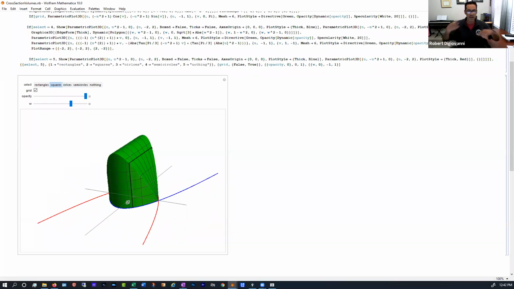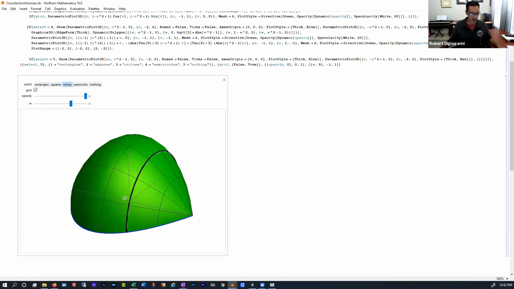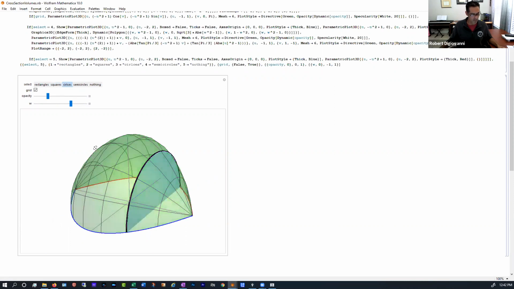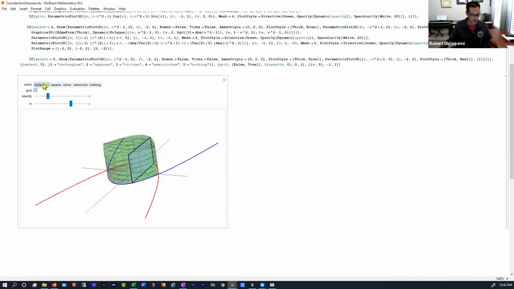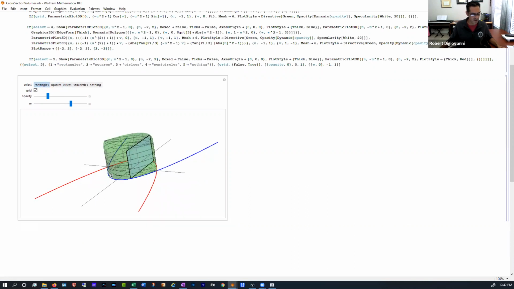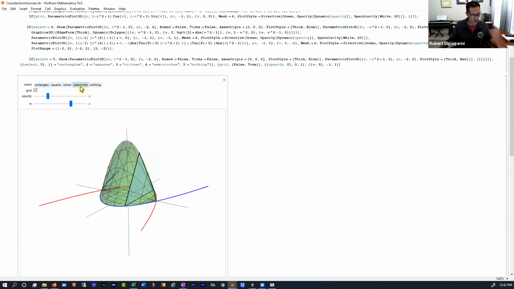This is not a solid that we create by revolving anything around any axes. This is just a weird shape. And we're going to try and find the volume of something like that. If we wanted, we could do semicircles instead. That's what it would look like if it were semicircles. Rectangles and squares are pretty similar.